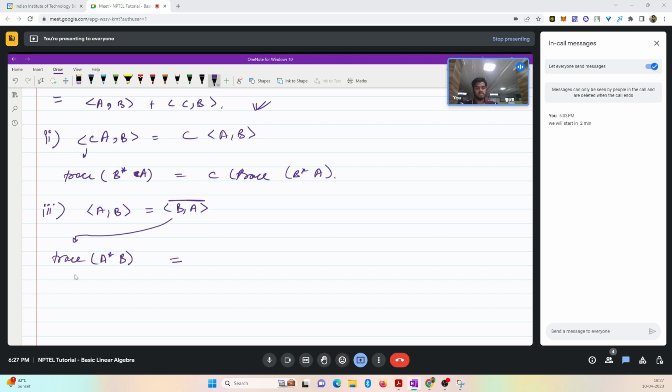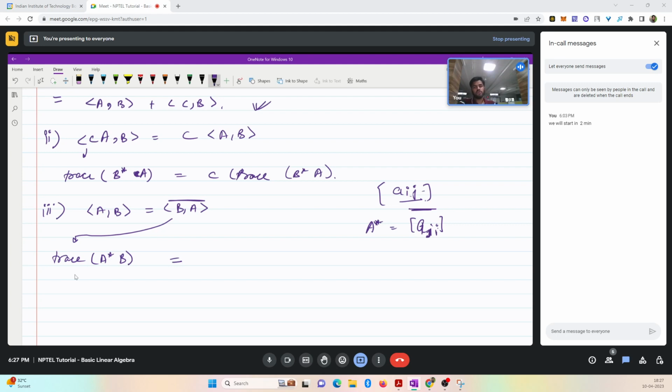So let's say my matrix A was Aij. Then A conjugate will have the form Aji conjugate. So my ith element became jth element and jth element became ith element, so when I transpose it, this is how it would look like.